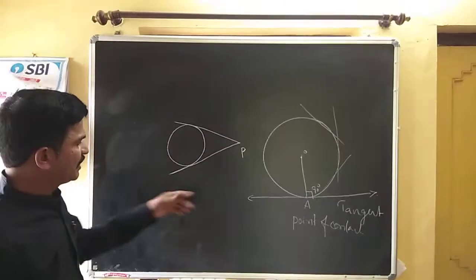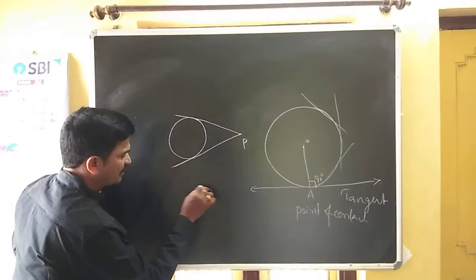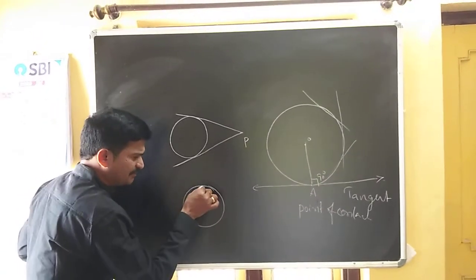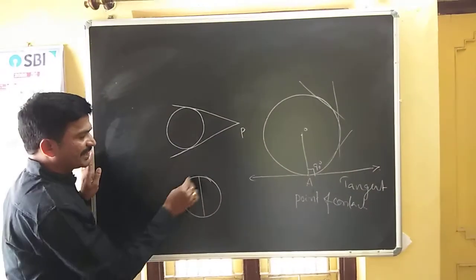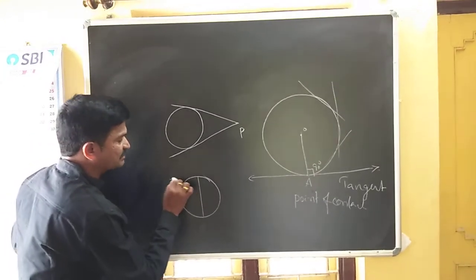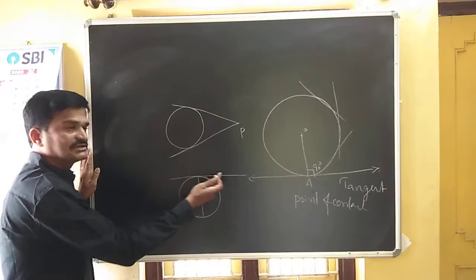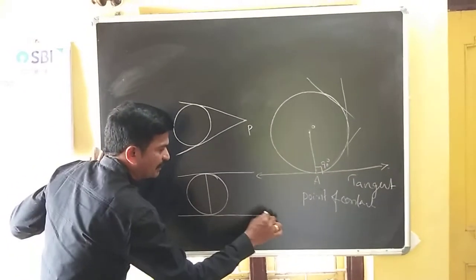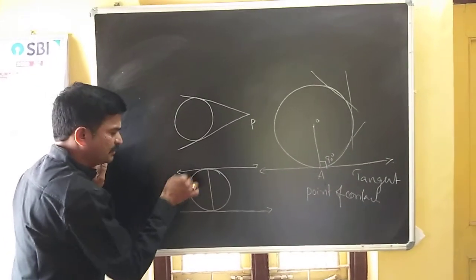And another third point we learned is that for any circle, if you draw one diameter, the tangents drawn through the ends of the diameter are parallel. How did we prove this one?